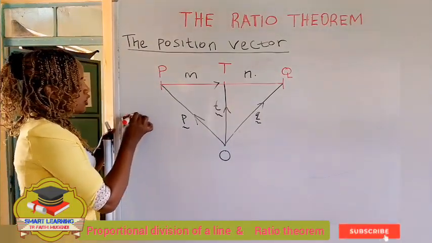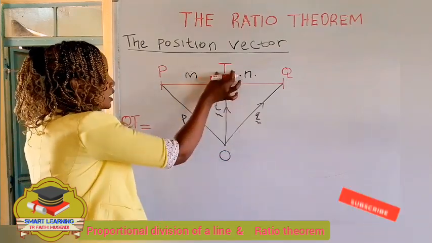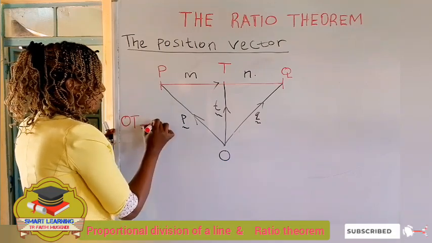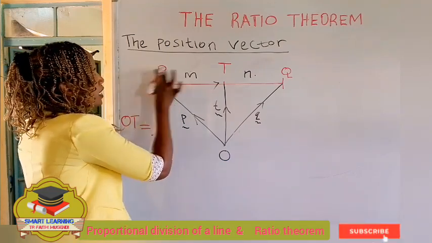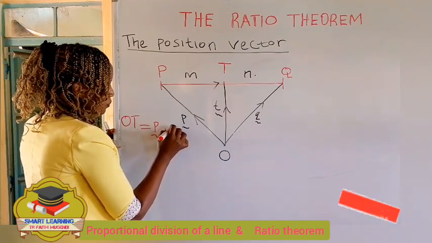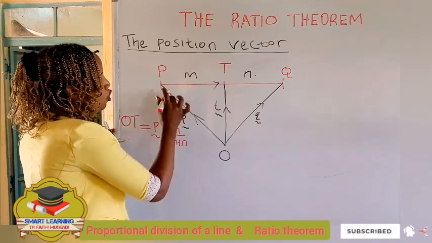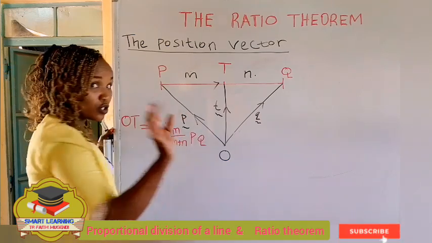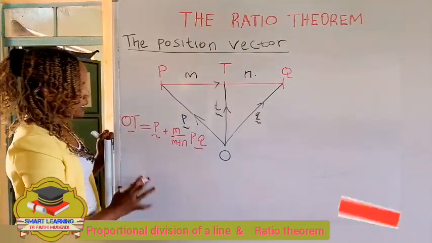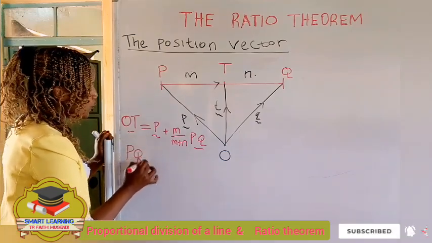That means OT will be equal to, starting from O to T, we take the route of OP, which is vector P, and then PT, which is m over m plus n of PQ. That is what we have done in our first example. Now, we need to know what is PQ.